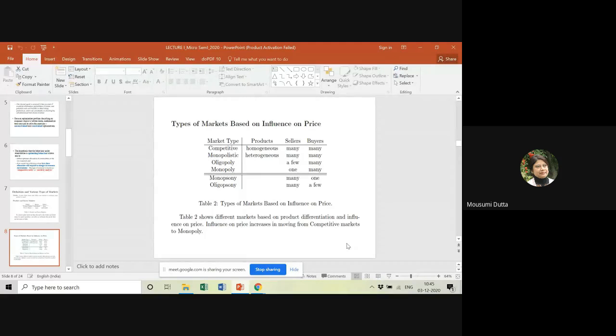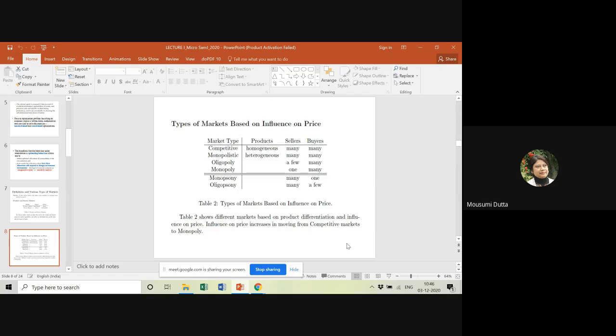So there is some kind of variation among different brands or products of different companies. A competitive market is not like that. A competitive market is a market where there are numerous sellers and buyers, and products are absolutely homogeneous, identical products.